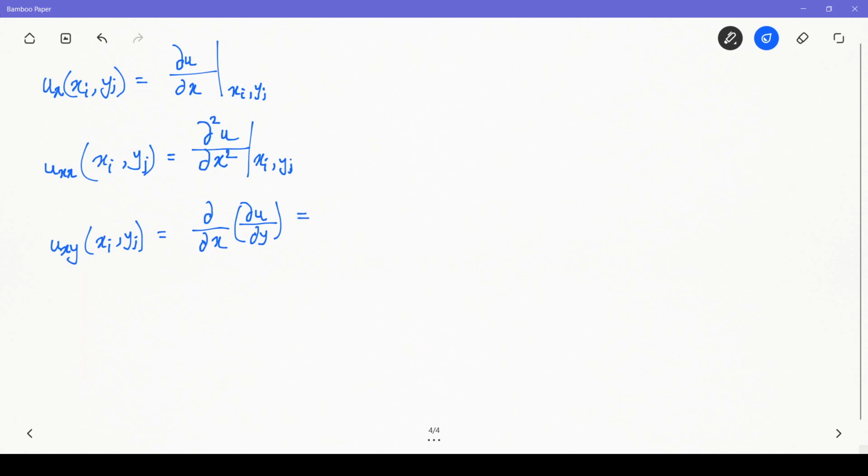Since it's linear, we can also take the partial derivative with respect to x first, then partially differentiate with respect to y. Both are at the point x sub i comma y sub j. So this is what u sub xy at the point x sub i comma y sub j means.